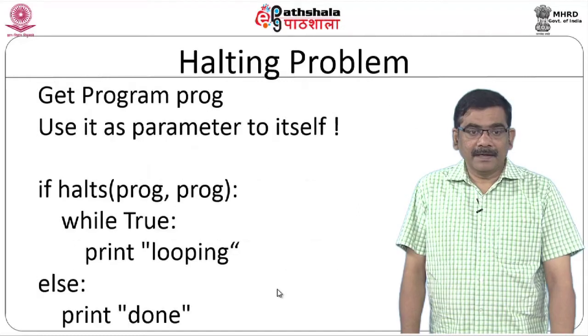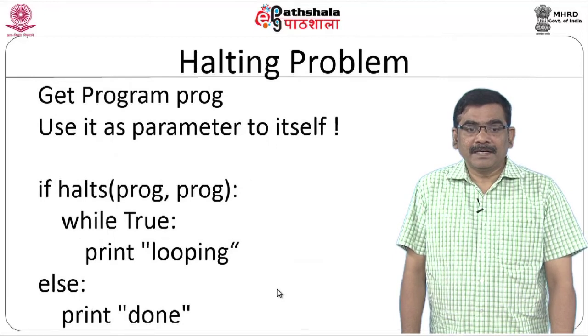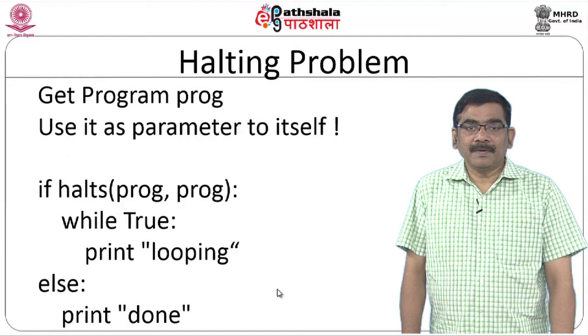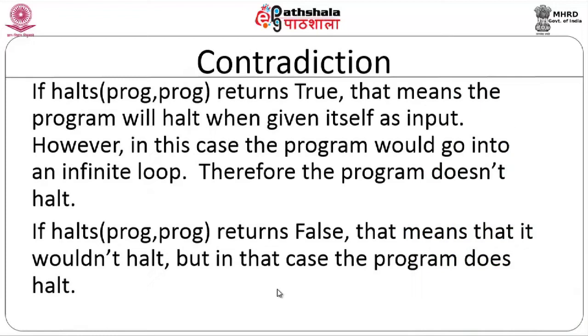However, in this case you can see that if the condition is true, the program keeps on looping. So, that means actually the program is not halting. This is a contradiction. We say the program halts, but actually the program is not halting.